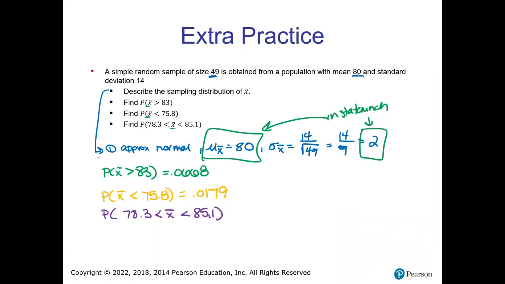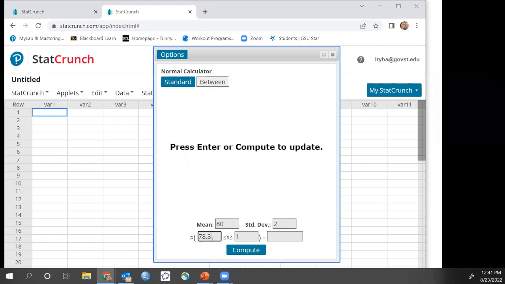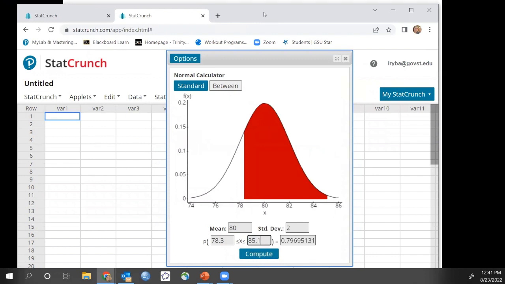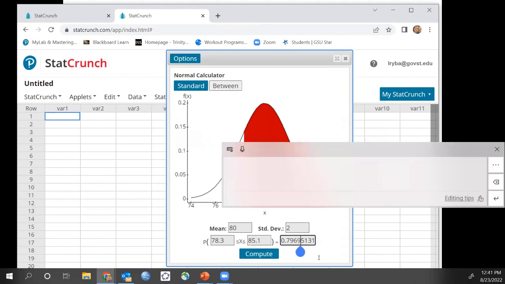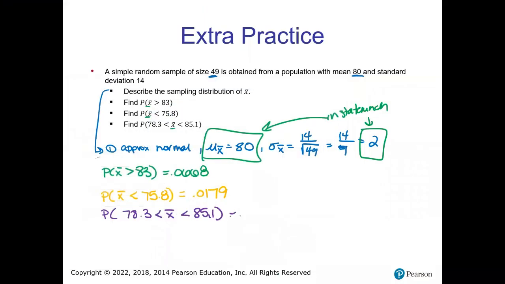StatCrunch graphs it and shades it for us. So 1, 2, 3, 4. It's going to round my 9 up, so 69 rounded is 70. So 0.7970 is going to be my answer.